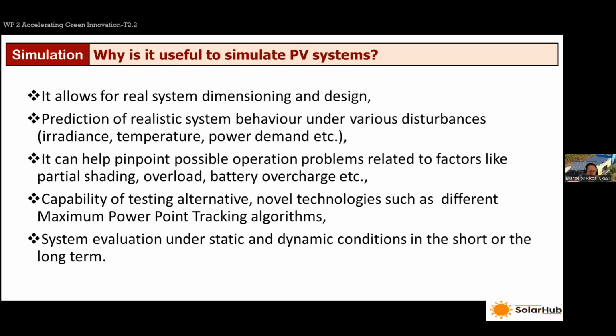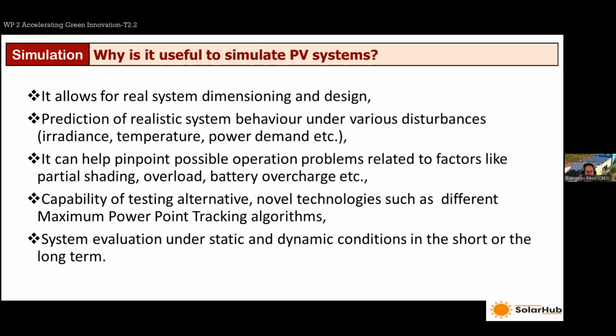Variability in the irradiance, temperature, power demand could be factors that change the performance of the system, and using calculation models, simulation models for that matter, is very useful. Simulation also helps us pinpoint possible operation problems related to partial shading, like I mentioned before, overloading or some battery overcharge if we have systems with batteries.